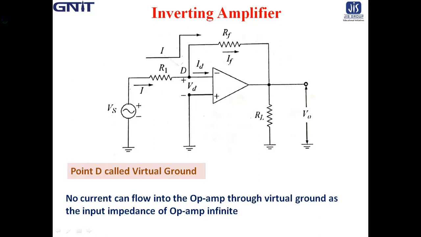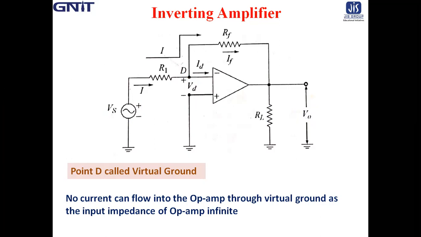Thus, point D is not actually connected to ground, but it is held virtually at ground potential independent of the magnitude of Vs and V0. So point D is basically called the virtual ground.